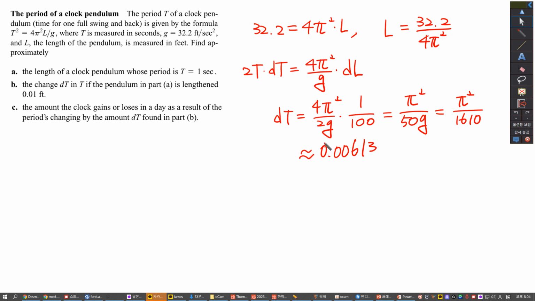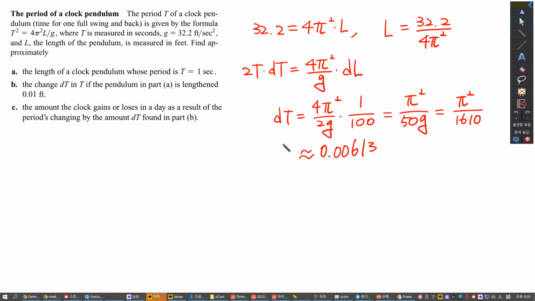And so this means because dt is positive, as the length of the clock pendulum increases, the period also increases. And when the period increases, does the clock speed up or slow down? What's the meaning of increase in period?